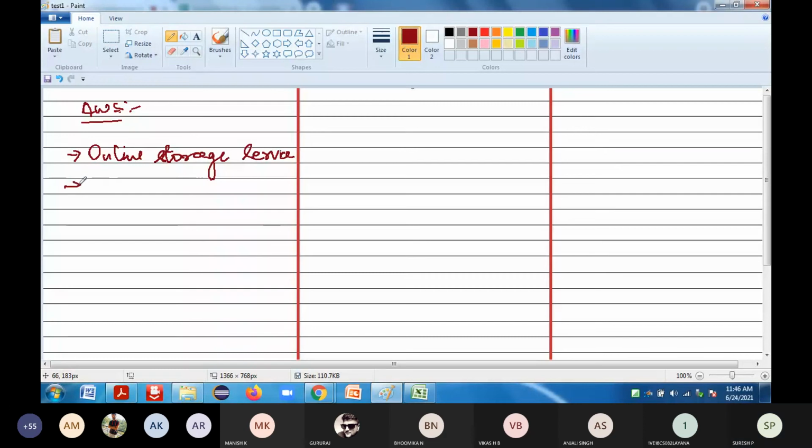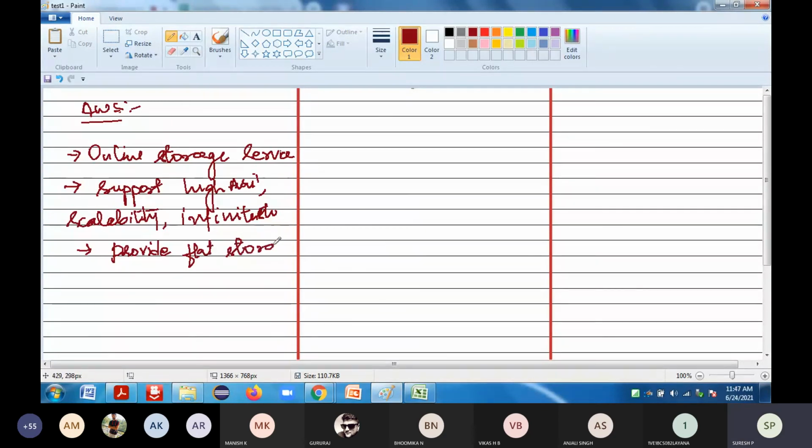Since it is online, it has to provide high availability, scalability, and infinite storage. It also provides a flat storage space, and that flat storage space is called buckets.